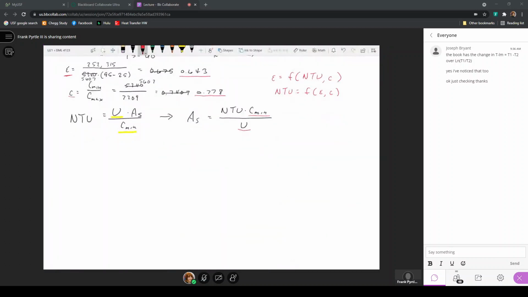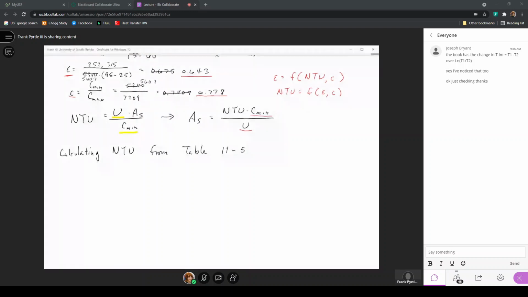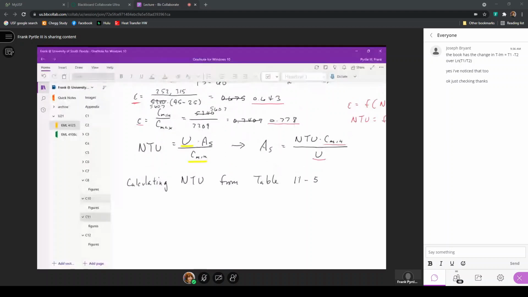You're calculating NTU from table 11 dash, I think that was 5, and we'll confirm here.